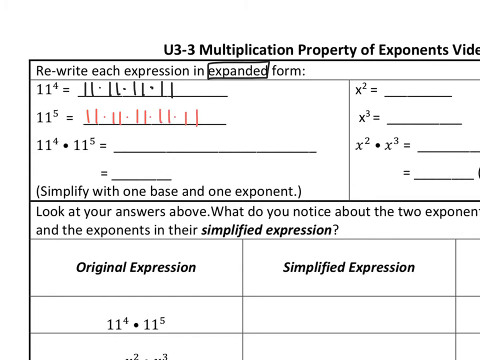So if I multiply 11 to the fourth times 11 to the fifth, 11 to the fourth, we said was 4 11s. 11 to the fifth is 5 11s.